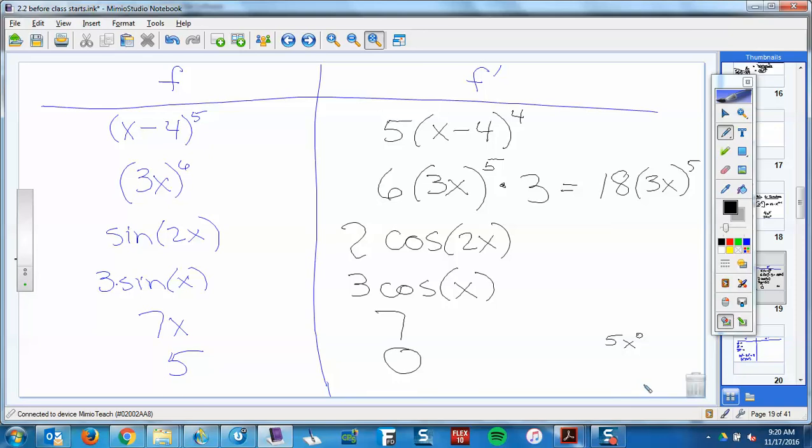What happens? Wipes it out, right? 0 times whatever is going to be 0. Okay, so you can think of it that way, or you can just think of it, okay, y equals 5 is just going to be a constant. And the derivative of that is just going to be 0. Horizontal line. Derivative is always 0. So a constant derivative of that is always going to be 0.